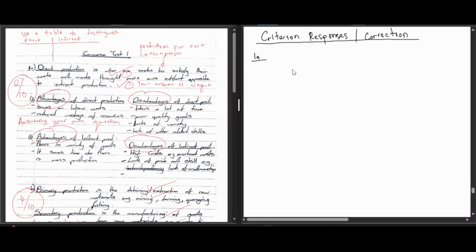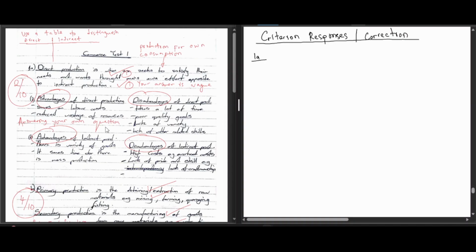When questions say distinguish between, you have to communicate to the marker that you are weighing, you are comparing between direct production and indirect production. There is no need to write about advantages and disadvantages of direct production or advantages and disadvantages of indirect production. That is answering your own question. You don't have to set your own question, you have to answer the question you are given.